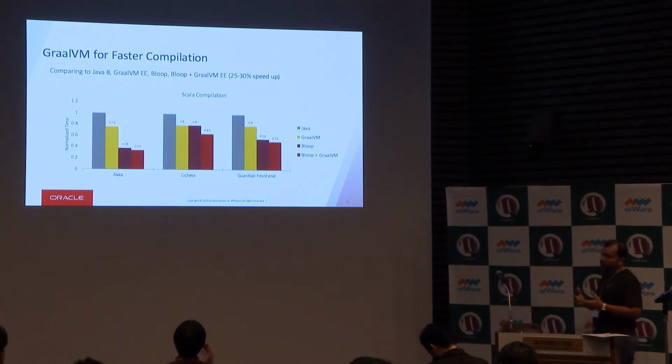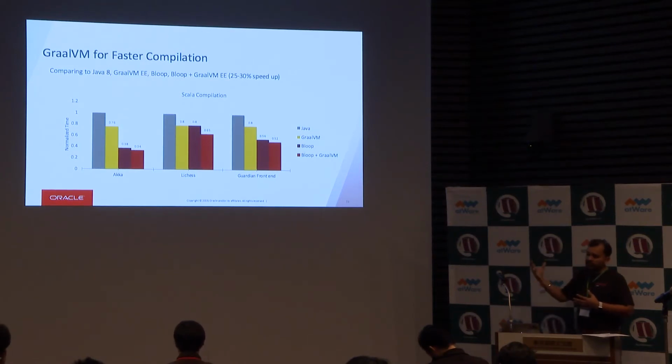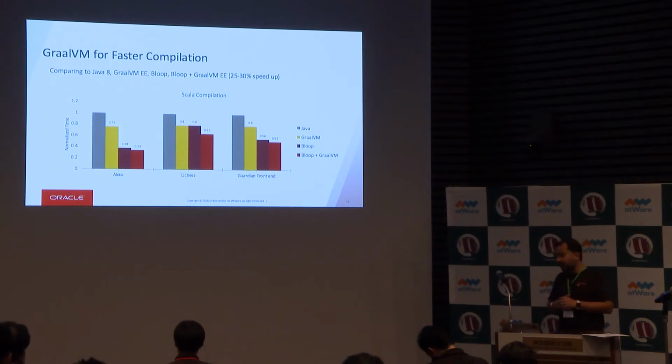So I mean, we all know that even before we see this, that Scala compilation tends to be slow, right? So giving you these kinds of speeds, it really enhances the productivity that you really need, right? So it's an absolute very good thing that's happening.